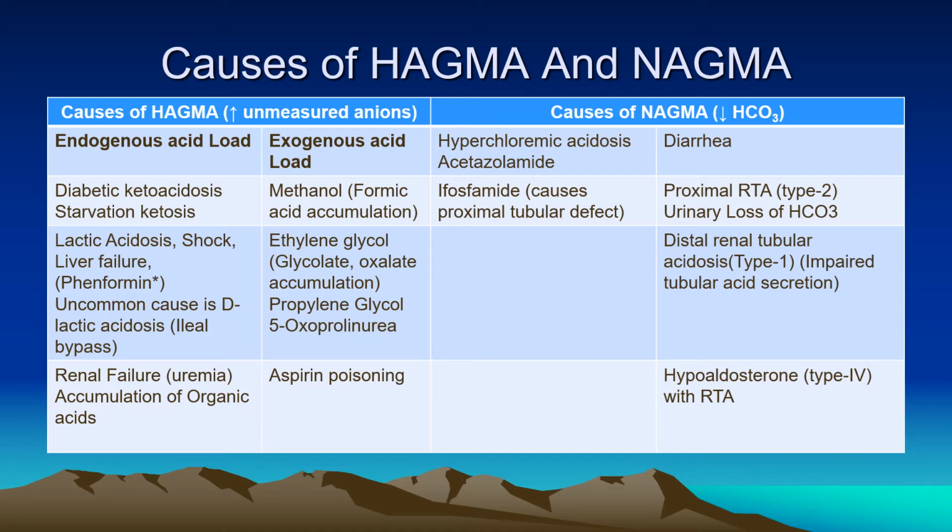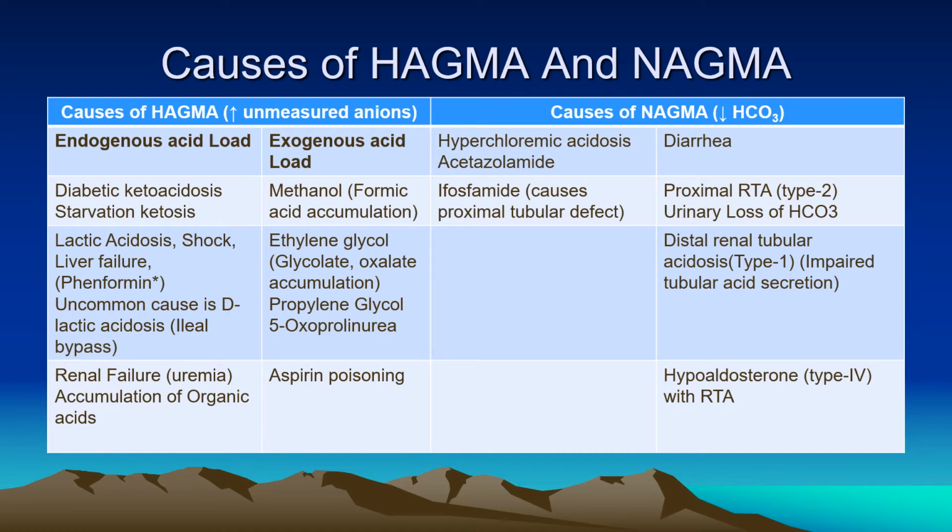Now, causes of high anion gap metabolic acidosis is because there is increase in unmeasured anions, which can be endogenous or exogenous. Now endogenous acid overload can occur in diabetic ketoacidosis, starvation ketosis, lactic acidosis, in shock, in liver failure, and the use of phenformin. Phenformin is no longer used nowadays.